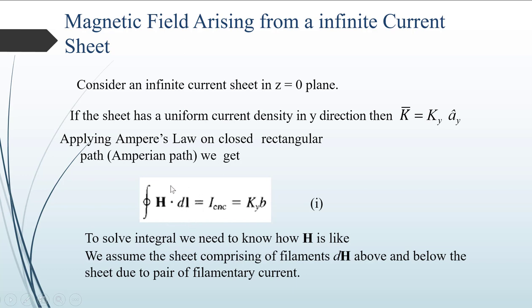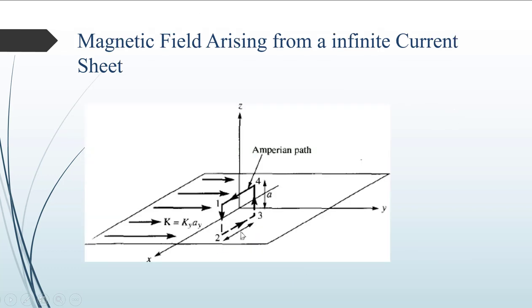Now we have to solve this integration, so we have to consider all four lengths of this path. So from 1 to 2, 2 to 3, 3 to 4 and 4 to 1, we have to consider all the lengths. Now as this loop is perpendicular to the current sheet, 1 to 2 is going towards the minus az direction.